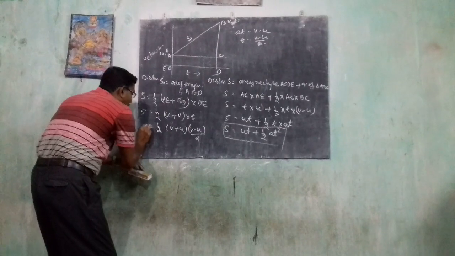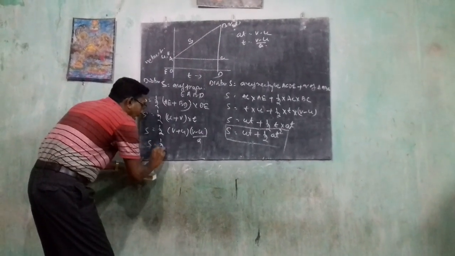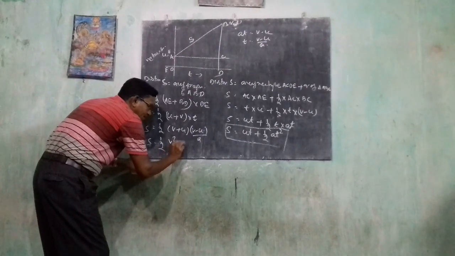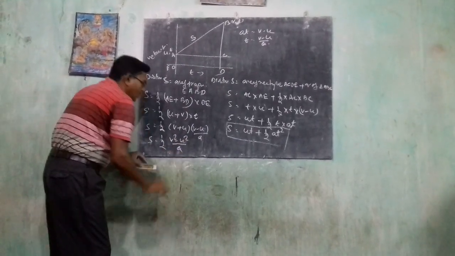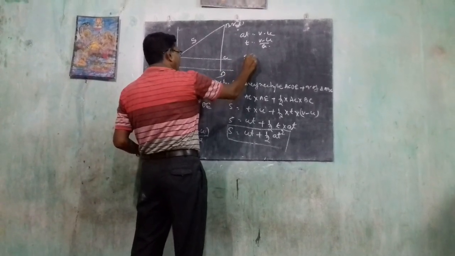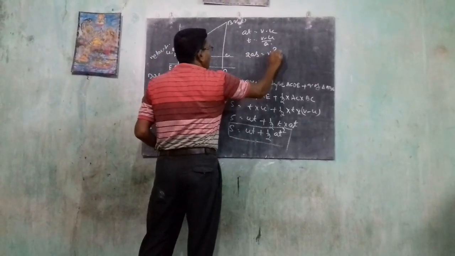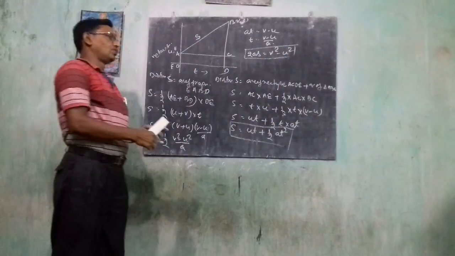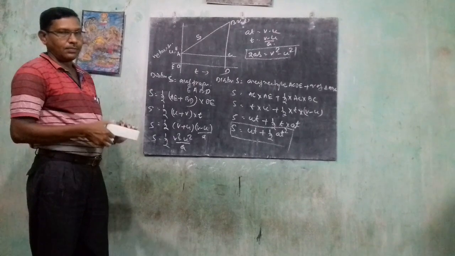Here the identity (a plus b) into (a minus b) equals a square minus b square. So we can find 2as equals v square minus u square. It is the third equation of motion.